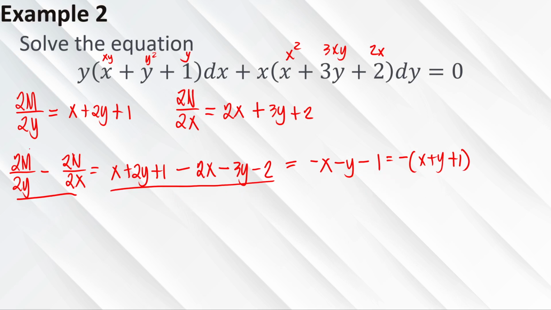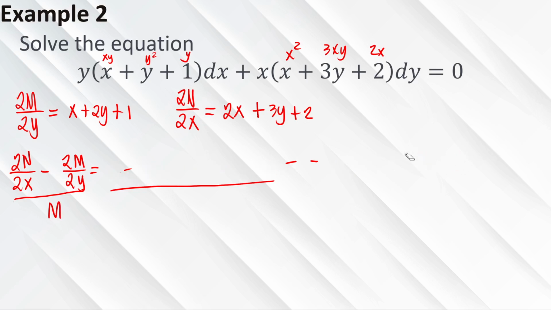So, gagawin nating partial derivative ni n with respect to x minus the partial derivative ni m with respect to y. Ganun lang yun. Kapag hindi function ni x alone, yung lalabas doon, baliktarin mo siya and i-divide mo siya ng m. So, baliktarin natin. But basically, magbabaliktad lang yung sign nito.